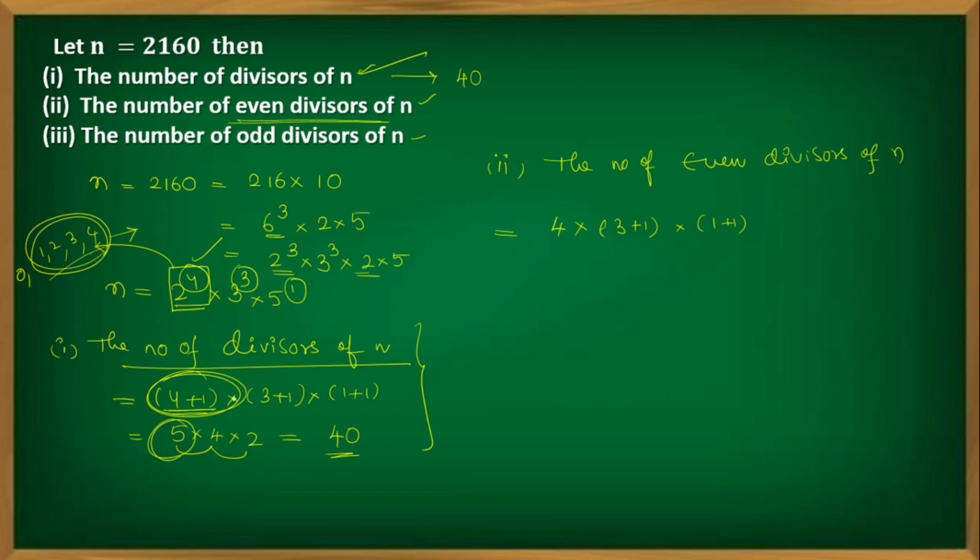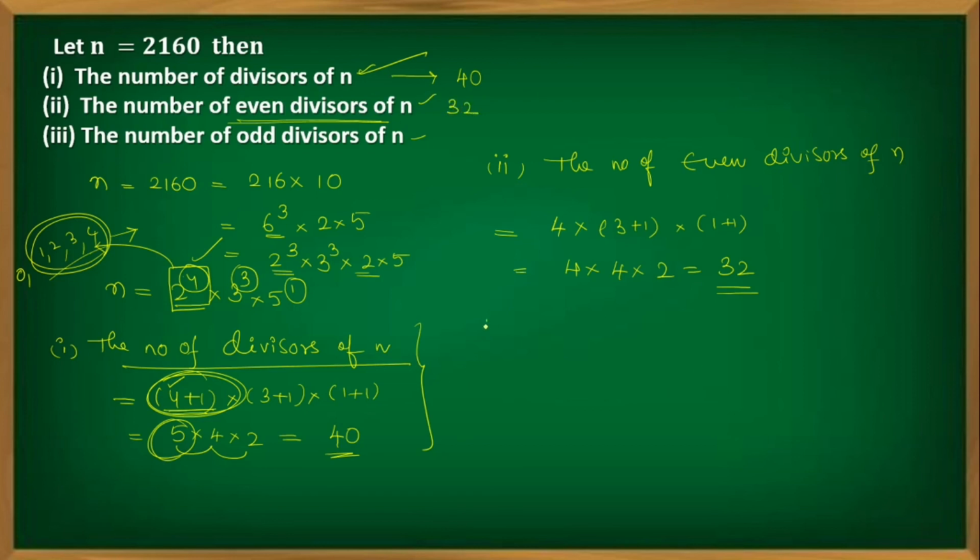Whenever you want even divisors, this one you have to skip. Instead of this 4 plus 1, you have to take only 4. So power of 2, whatever the number you are seeing, as it is you have to take, no plus 1, right? So this gives you 4 into 4 into 2, so 4 4s are 16, 16 2s are 32. So total number of even divisors is 32.